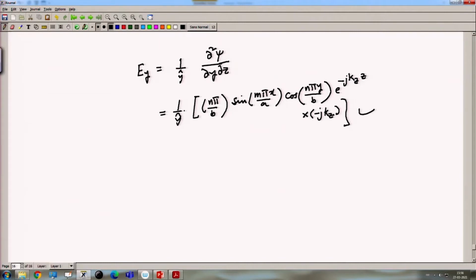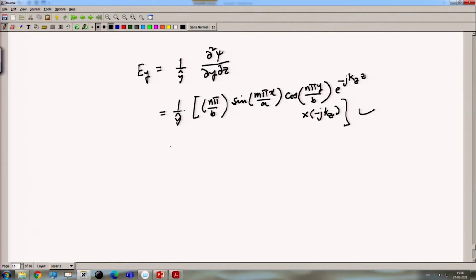So, this is an example of how the Ey component of the electric field for the TM to Z mode for the rectangular waveguide can be obtained. We will substitute 1 by y cap, the value of y cap, and just simplify.